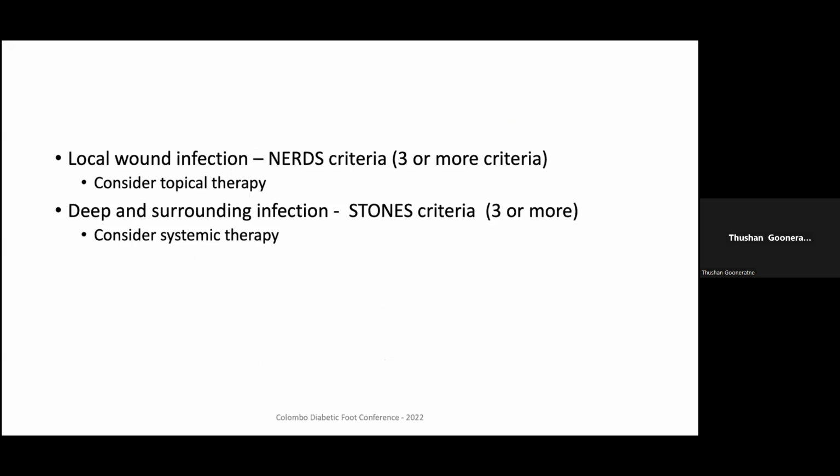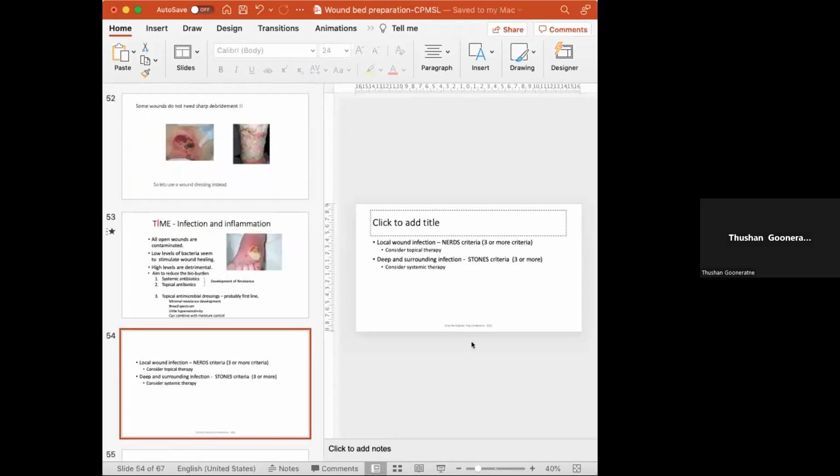Now, there are various criteria, and one can research and search on this for what is available. There is local wound infection, and that can be identified with what are called the NERDS criteria. If the wound is not healing very well, if there's an exudate that is offensive, if there's very red friable tissue, if there's discolored debris, if there's an odor, that normally means there's something going on, and there's a chance that there's a local wound infection happening.